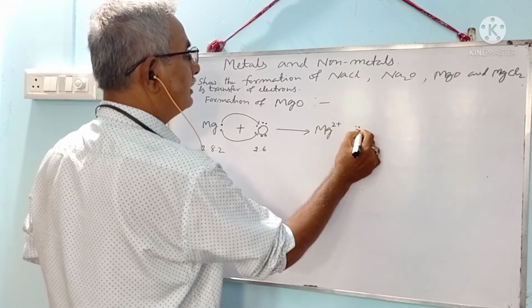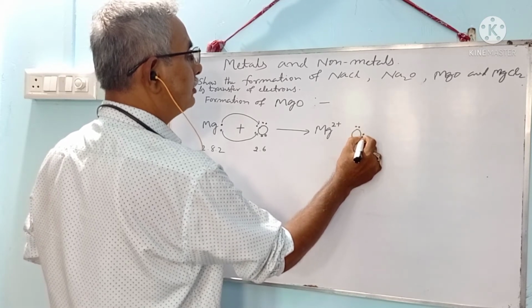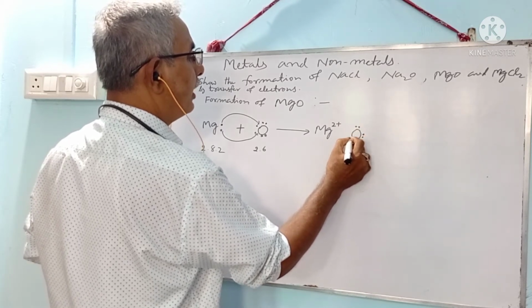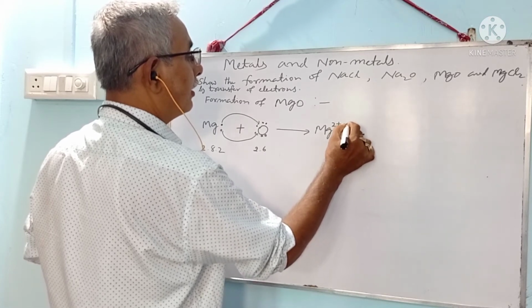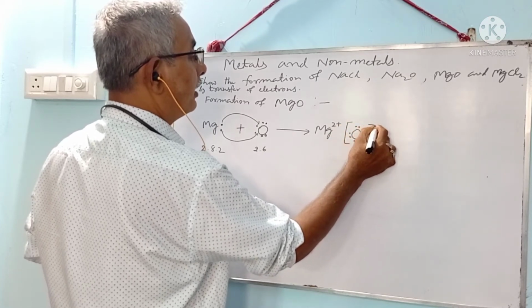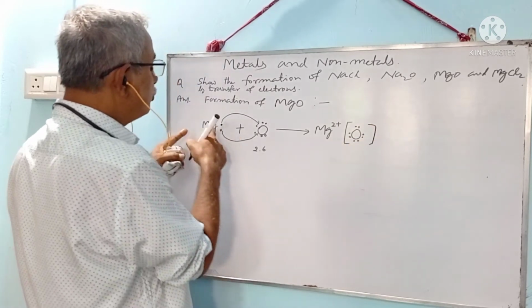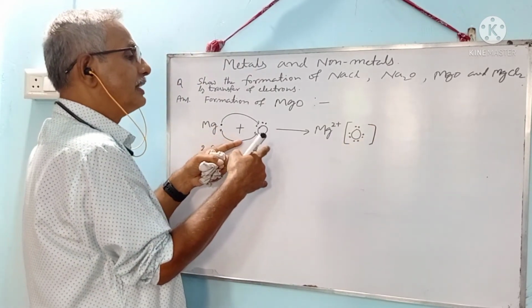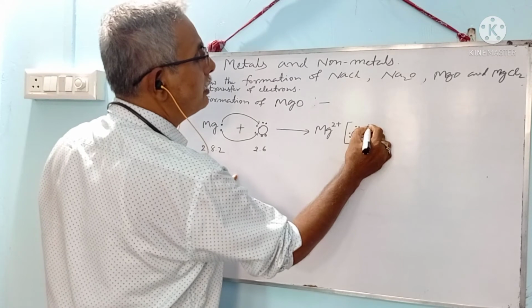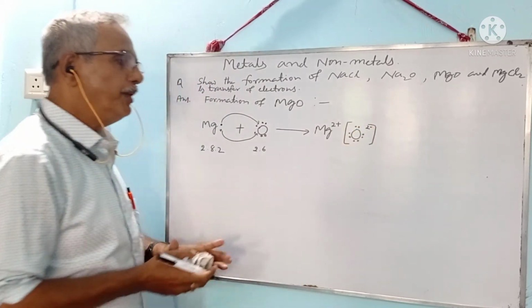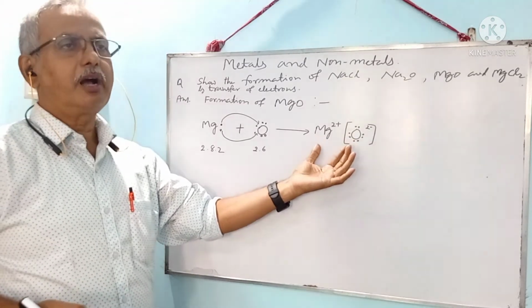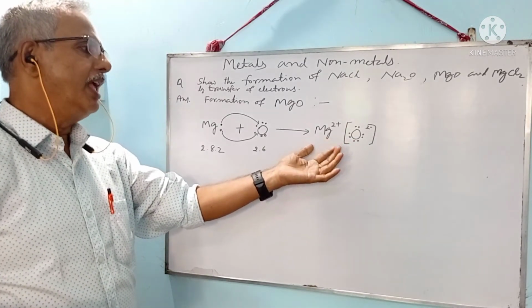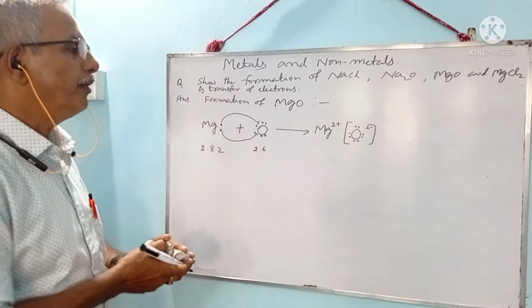Oxygen has gained 2 electrons. So altogether 8 electrons have come here. And as oxygen is gaining 2 electrons, there will be 2 negative. Now between the positive and negative ions, there will be a great force of attraction and an ionic compound will be formed.